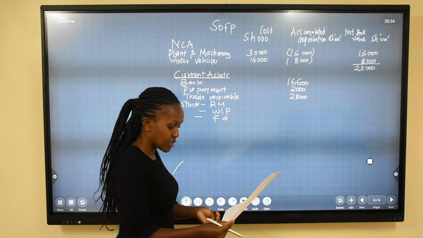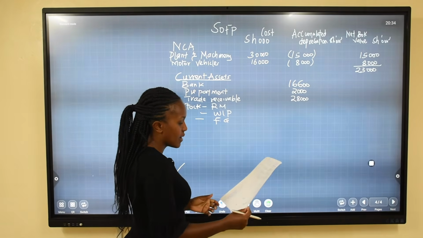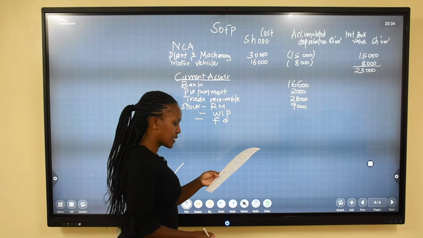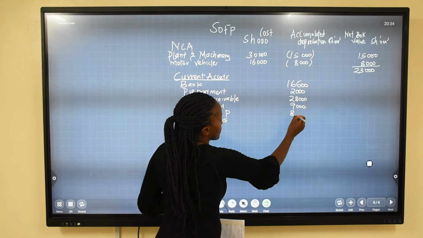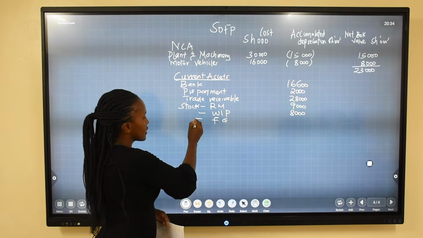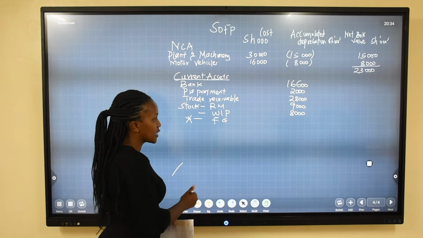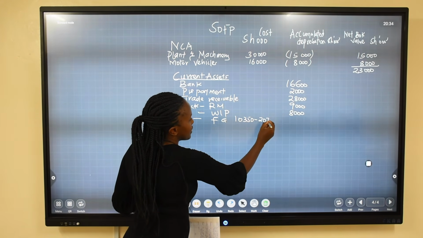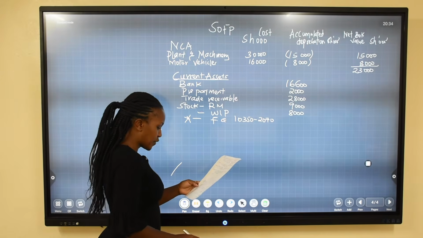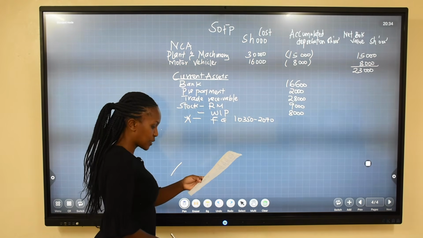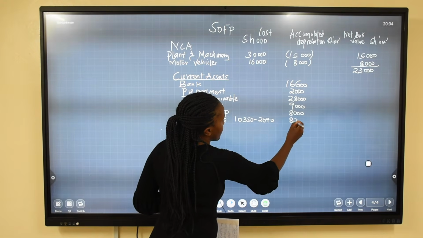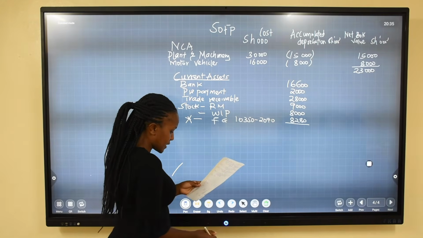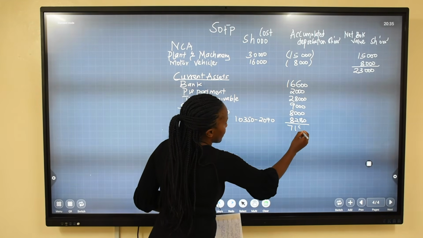We are just going to pick the closing stock as that additional information number 1 as 9,000. For the work in progress, it is 8,000. But for the finished goods, here we have to adjust for unrealized profit. So it is going to be 10,350 minus 2,070 of unrealized profit, which you have seen that it contains a component of unrealized profit, giving us 8,280. So this total gives us all the current assets as 71,880.